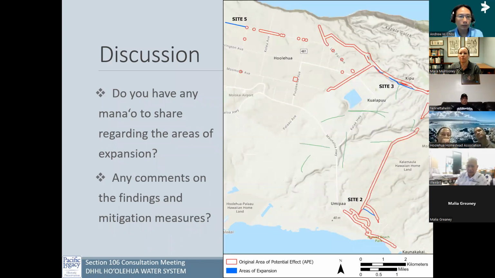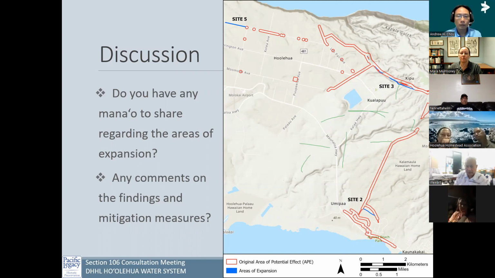E kala mai, if we weren't clear, we're not just draining the water into the gulch. What happens is the water is actually going through the pipelines and servicing the homestead.